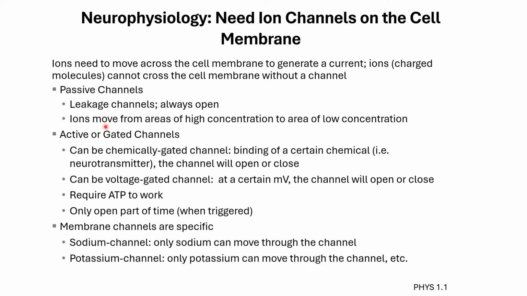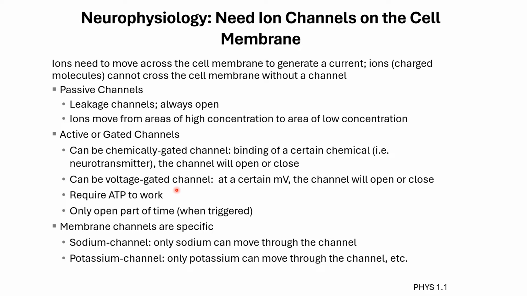So this gate is literally like a gate that blocks something from coming through unless you have a signal. A chemically gated signal means the binding of a chemical. Usually it's a neurotransmitter. So if the neurotransmitter binds, the channel opens or the gate opens.